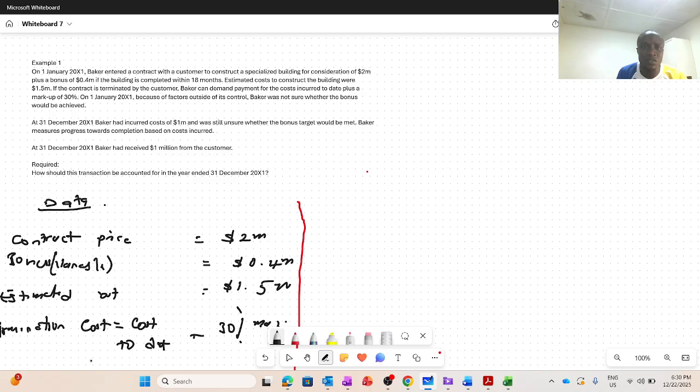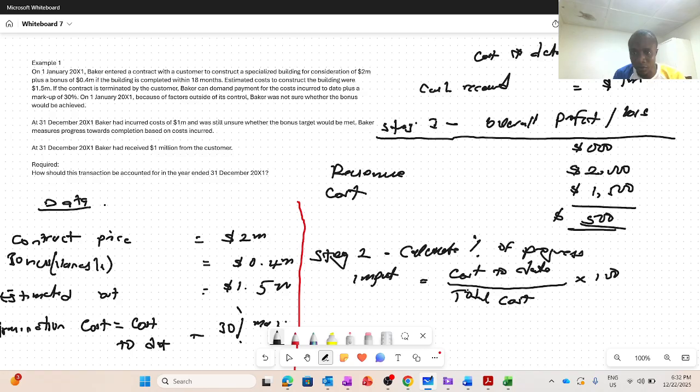So we are going to use the input, which is the cost to date, divided by the total cost, multiplied by 100. So it gives us 1 million divided by 1.5 times 100. Yes, incurred cost to date is 1 million.